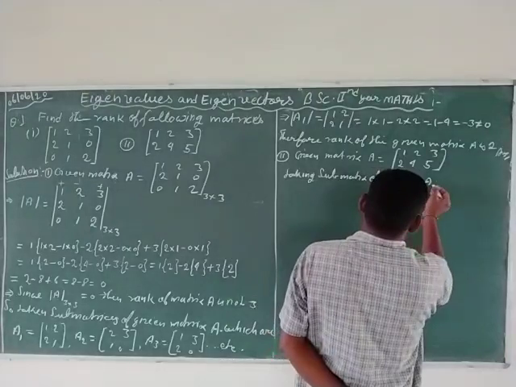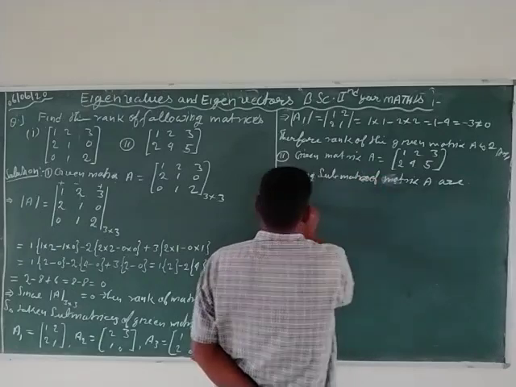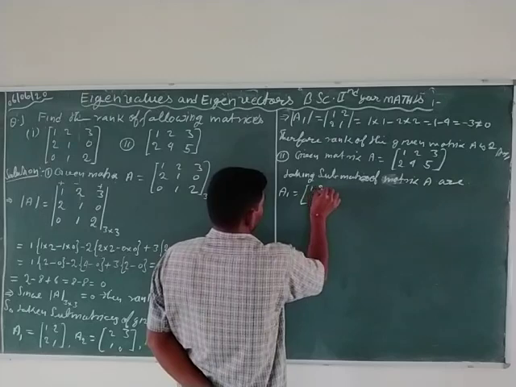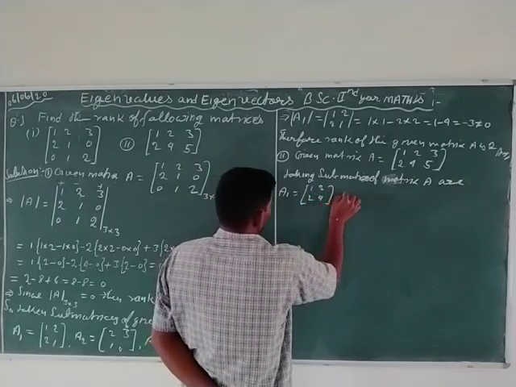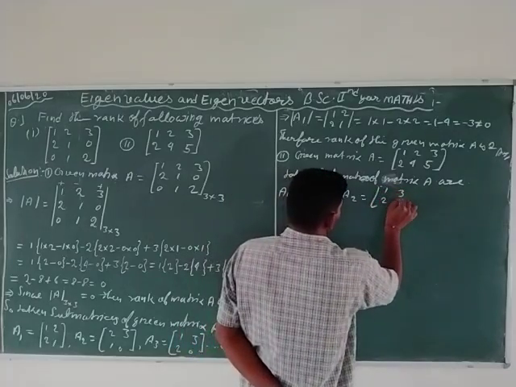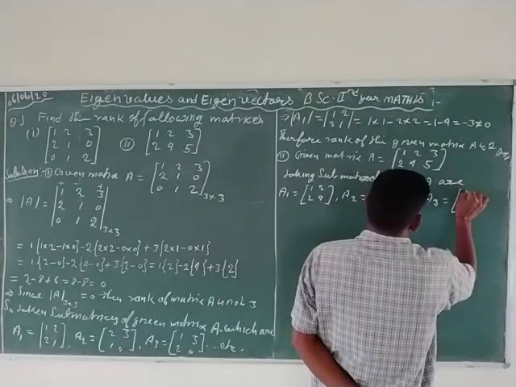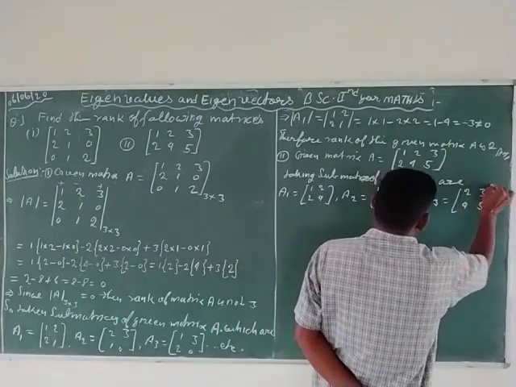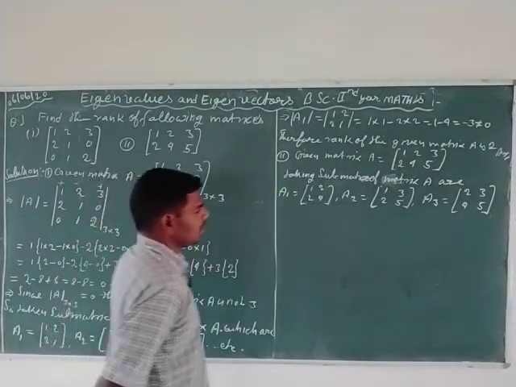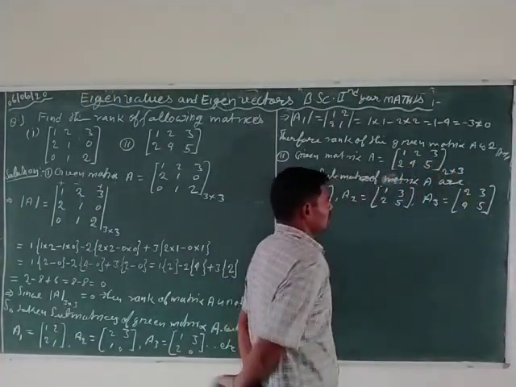The submatrices of matrix capital A are capital A1 equal to 1 2 2 4, capital A2 equal to 1 2 3 5, and capital A3 equal to 2 3 4 5. These are the three submatrices of the given matrix capital A, whose order is 2 rows and 3 columns.